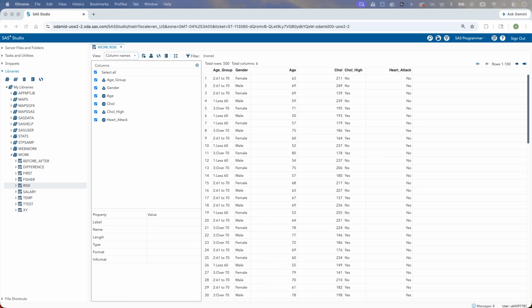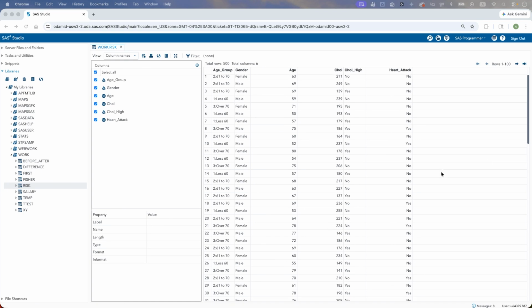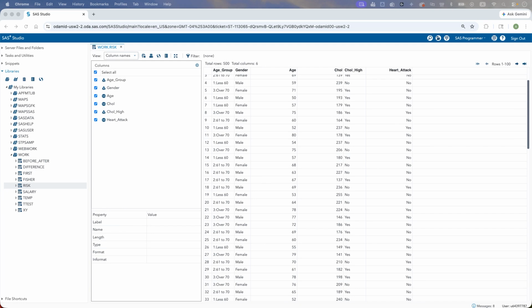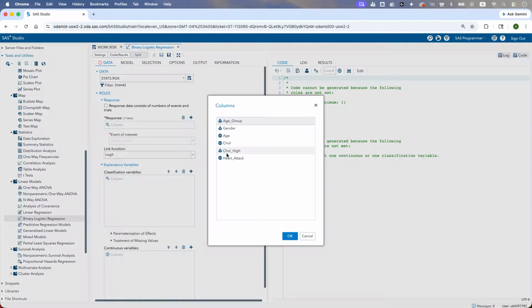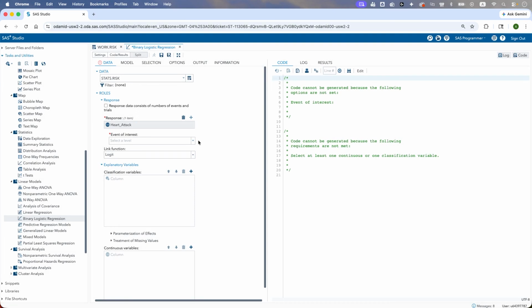Now, in this example, I'm just going to follow exactly what the book did. We're going to start by predicting the heart attack using only one predictor, which is gender. So this is my data. I'm going to go to Tasks, Utilities, Binary Logistic Regression. My response variable is heart attack. We care about the people who are going to have a heart attack, which is 1.